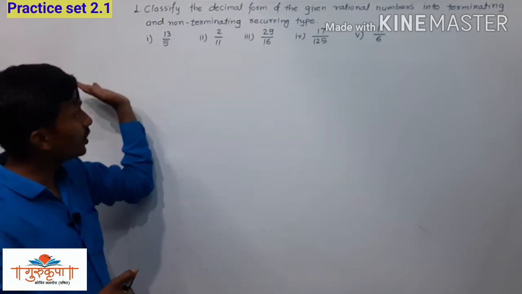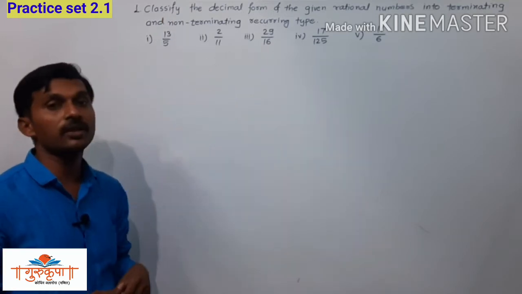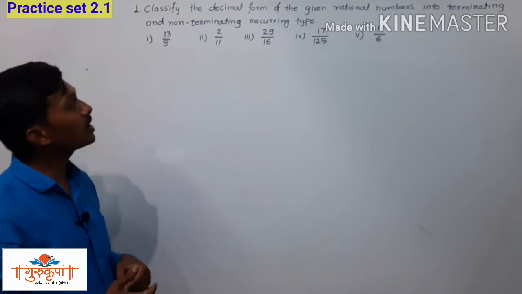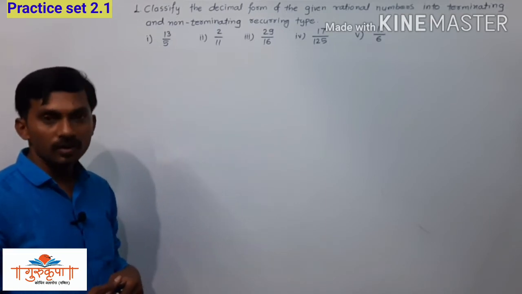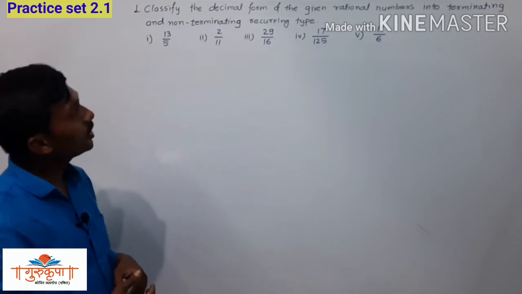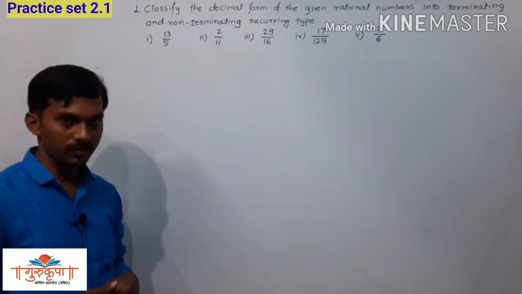Now here we have given the 5 rational numbers and we have to classify them as terminating decimal form or the non-terminating recurring decimal form.